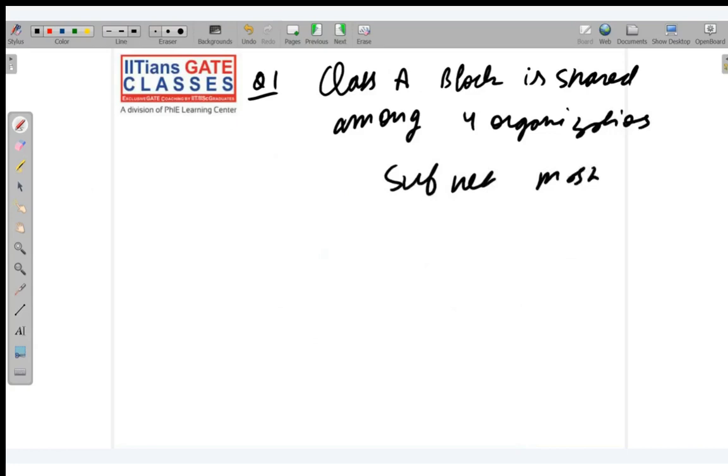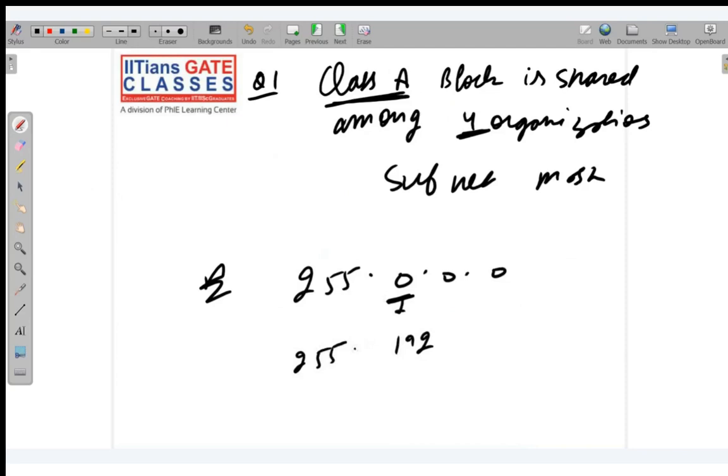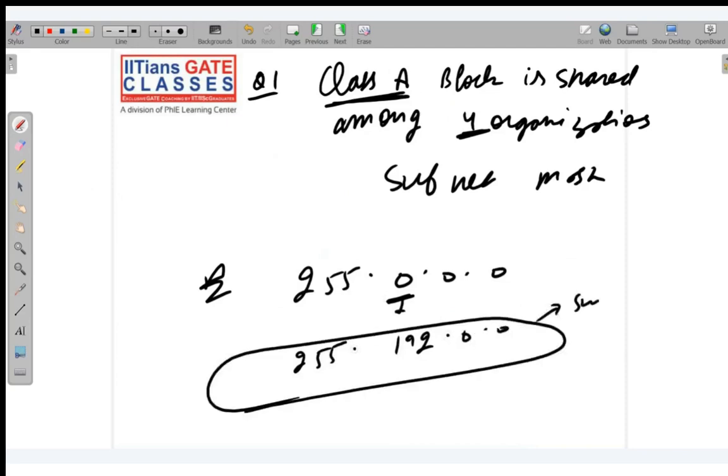They will directly ask this. First of all, imagine the class A net mask, 255.0.0.0. For 4 organizations, borrow 2 bits. First 2 bits you will borrow, not the last 2 bits. So the first 2 bits means you will change it to 192. 255.192.0.0 will be your subnet mask.